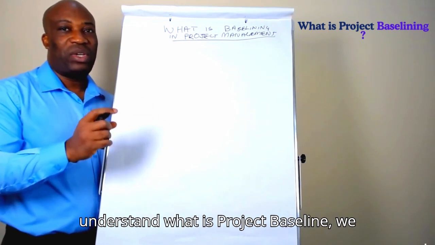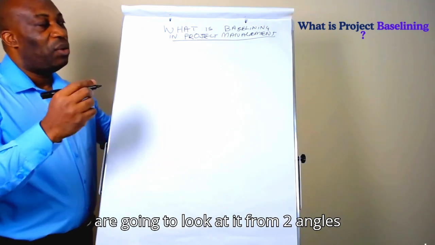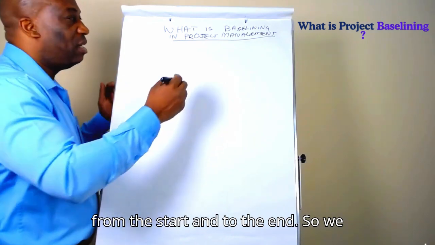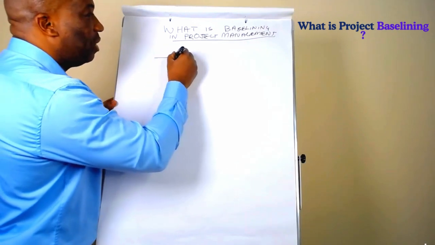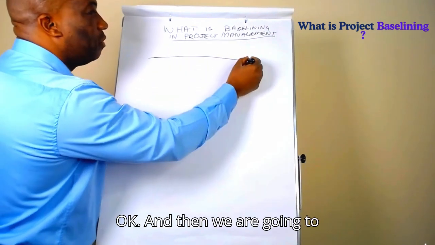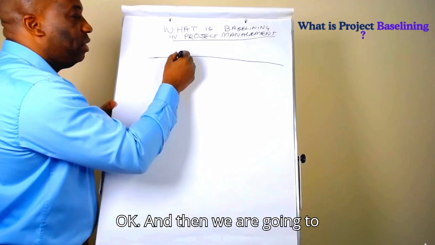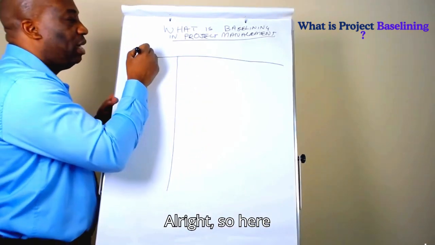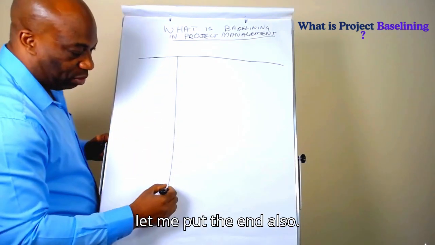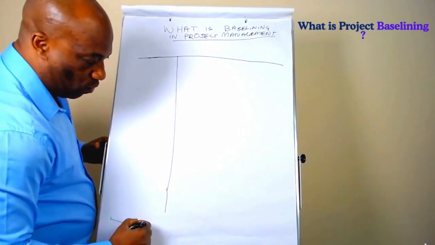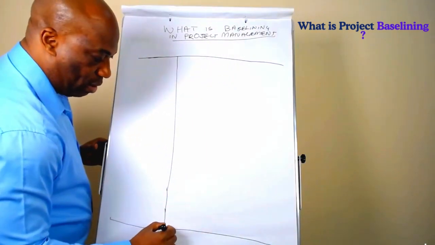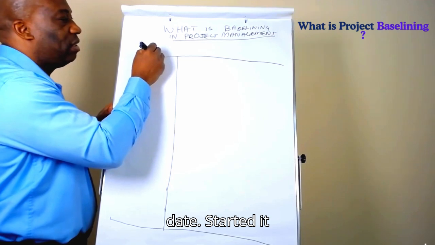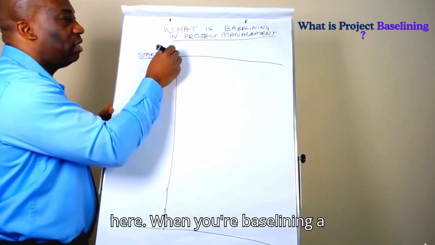So for us to understand what is project baselining, we're going to look at it from two angles, from the start to the end. So we are going to have a line like this, and then a line on this side, and here let me put the end also. We are going to have the start date here.